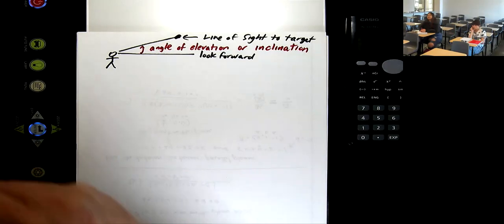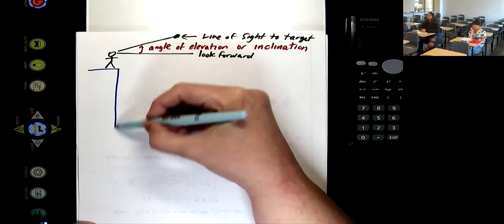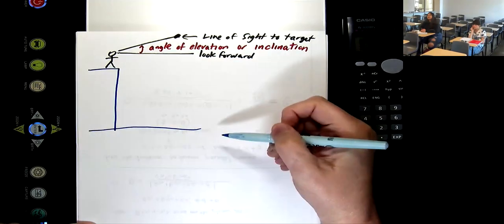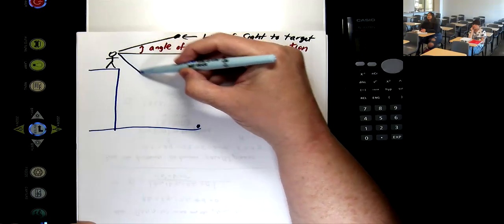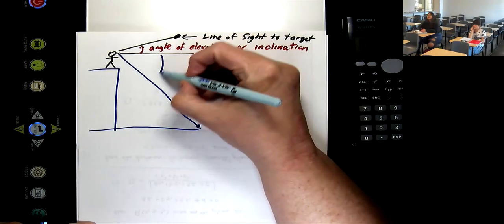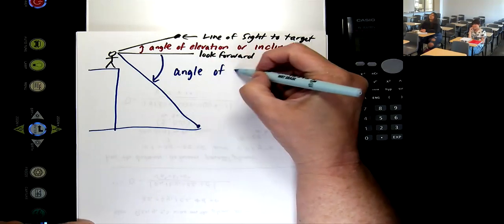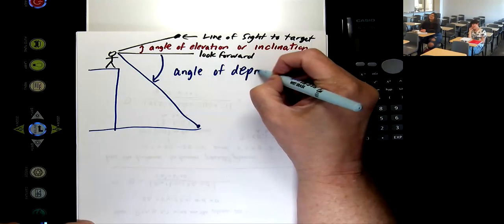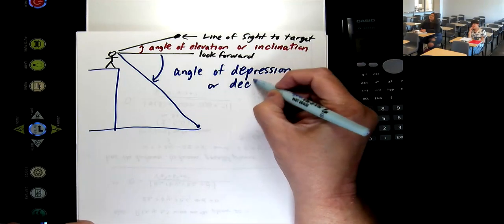If you're looking at something that's below, like let's say you're standing on a hill and you're looking at something down here, this angle right here is called the angle of depression, or declination.